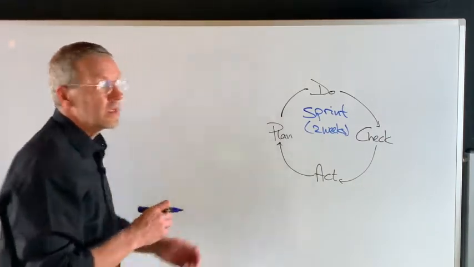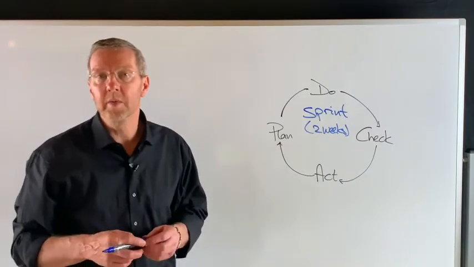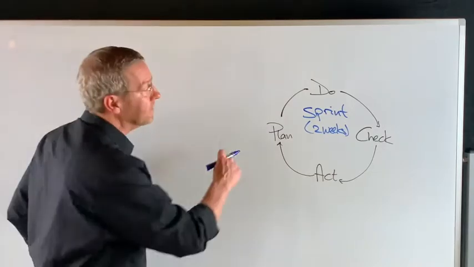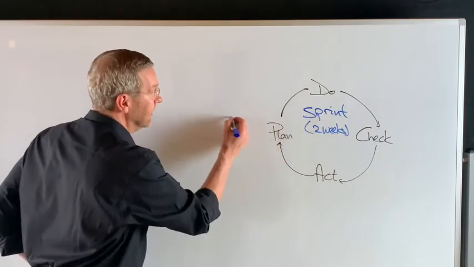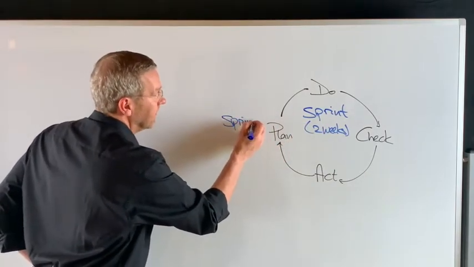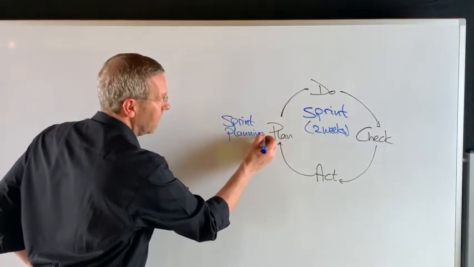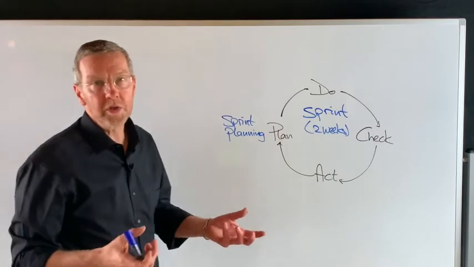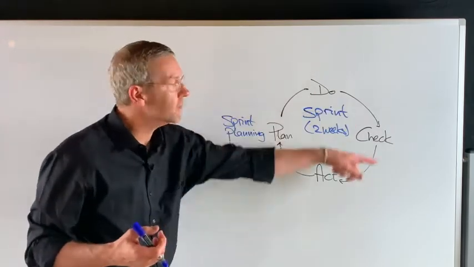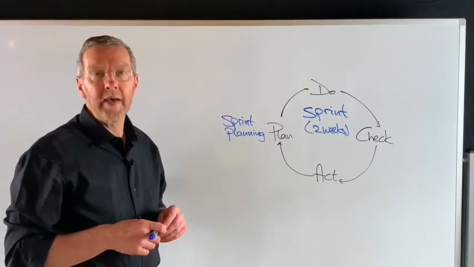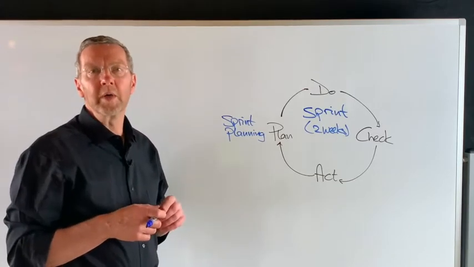What are the events in Scrum? Planning in Scrum is called sprint planning. It plans for the next two weeks. So sprint planning is where the whole team, everybody who works together to go through that plan, do, check, act cycle, sits down and says, what are we going to do?